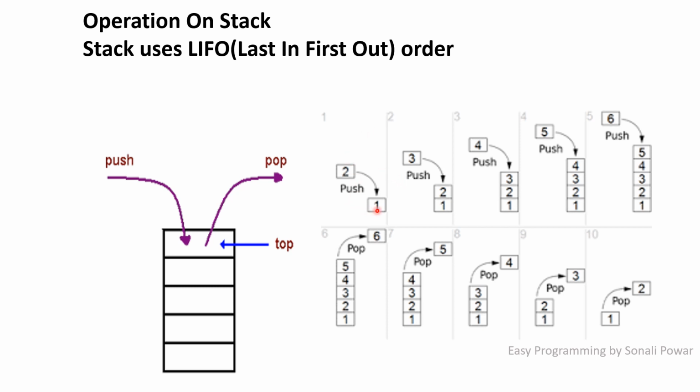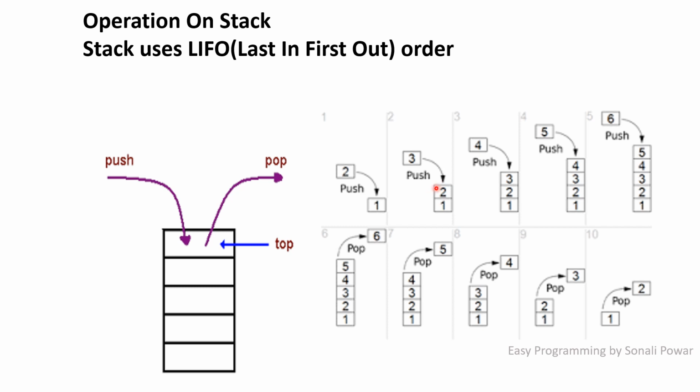Suppose initially your stack contains the value 1, and if you want to push the second value, that is 2, I will perform the push operation. Push operation means insert the value. So I will push 2 into the stack, and it will be placed above the 1.